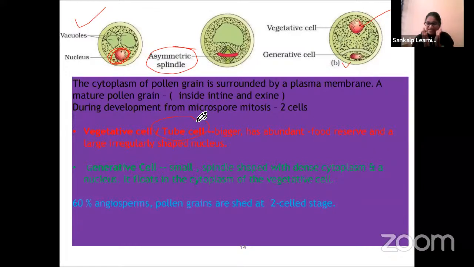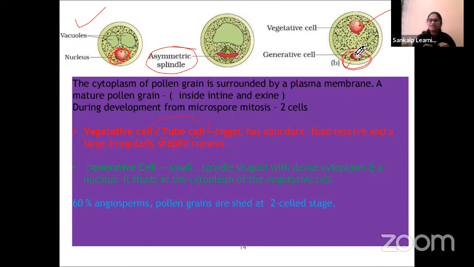At this stage, pollination occurs. In 60% of flowering plants the pollen grain will be a two-celled structure at pollination. In some flowering plants, it will be a three-celled structure. How three-celled, madam? This generative cell is there, no?